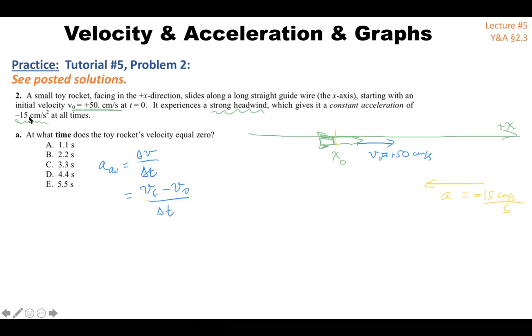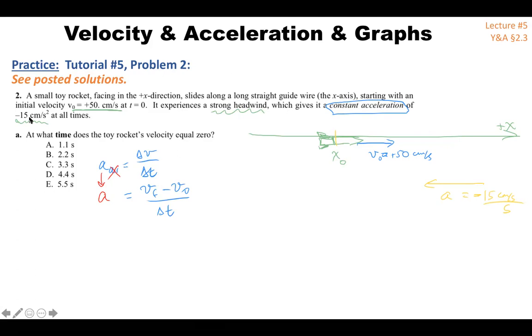Now, if we stipulate that the acceleration is constant, then we can get rid of this little average down here. The average of a constant number is just the constant number. So you'll see us do this all the time, where we drop the average off of a value that we already know is a constant value.